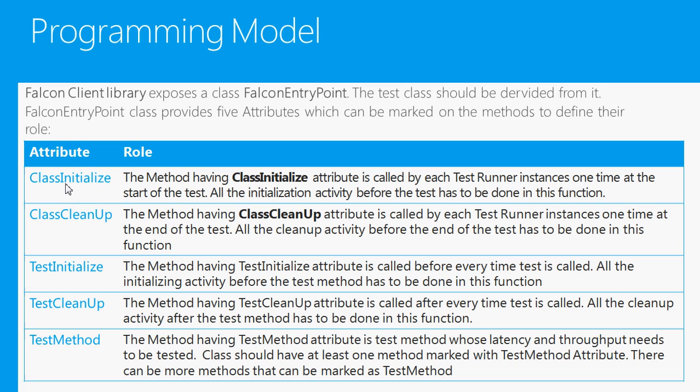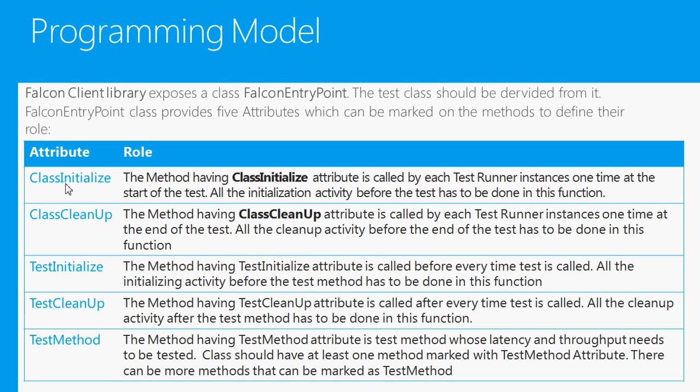Similarly, the counterpart to it is class cleanup, which is also a one time activity. Once your tests are completed, it will call the method which is marked as test cleanup. The method having the test cleanup attribute will be run by each test runner. Remember, this is by each test runner, meaning every instance of your runner, only one time, but at the end of the test.